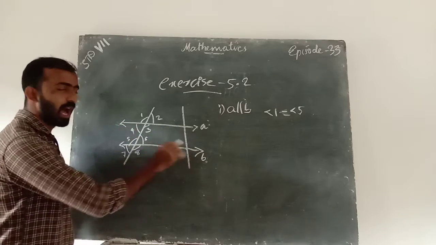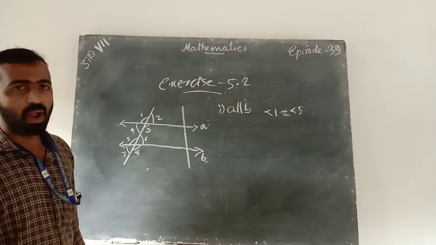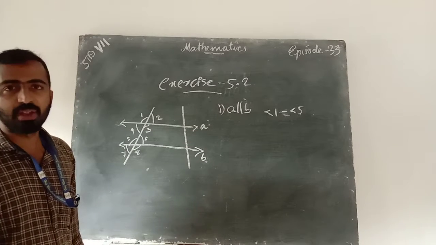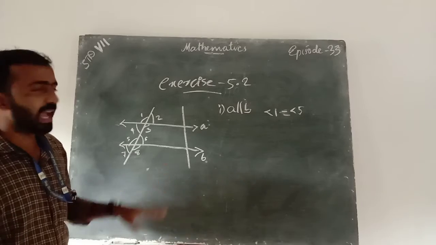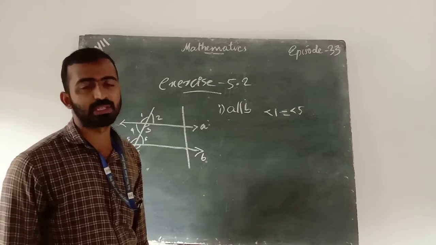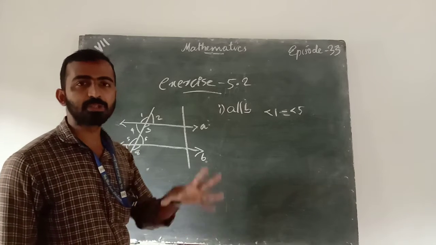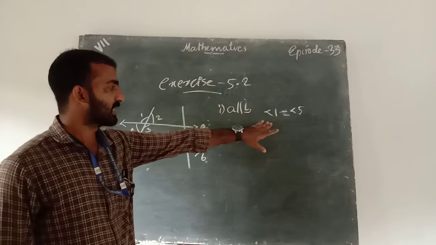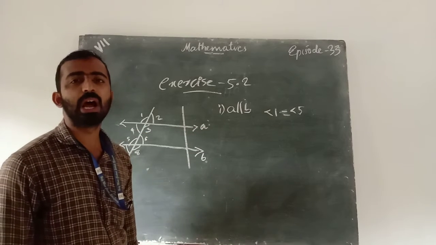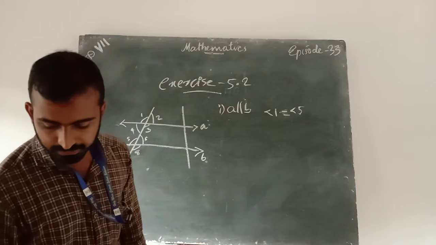A and B are parallel lines, so we can write angle 1 equal to angle 5. These angles are corresponding angles. That is the solution: corresponding angles. And next one is what?